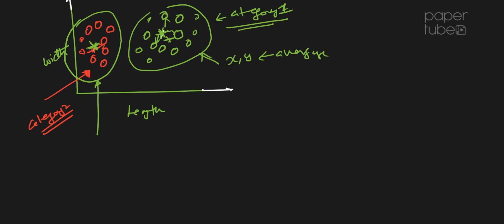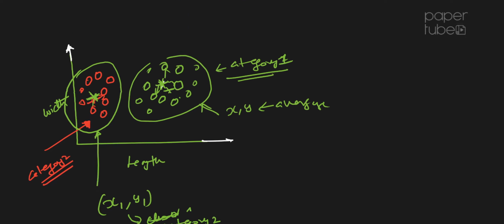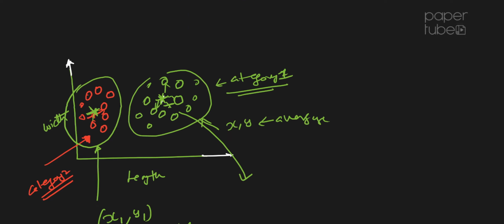So your cluster center, even if you keep on repeating this calculation, the new cluster center, say this one belongs to cluster 1 or category 2, and then say you have another x1, y1, which is this point. This belongs to category 1.